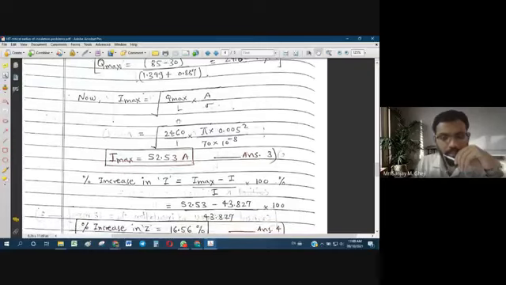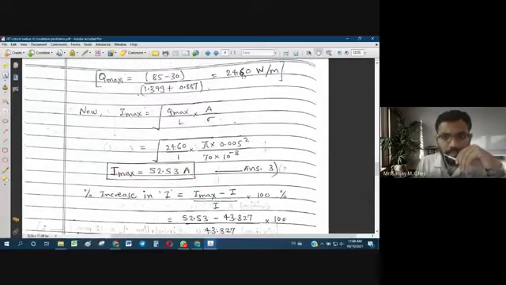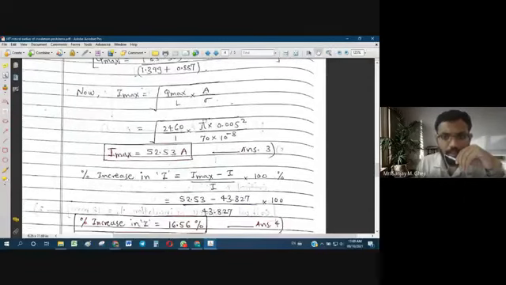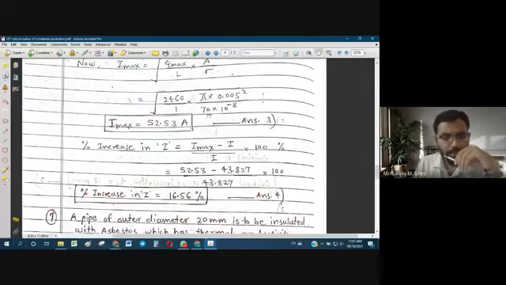So I max equals the square root of Q max, the heat transfer rate, times area pi r square, that is pi into 0.005 square, into sigma, the same as before. Put in SI units, we get I max equal to 52.53 ampere. So this is the maximum current carrying capacity.